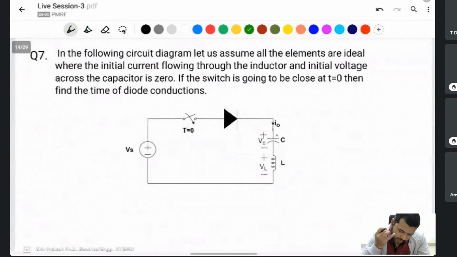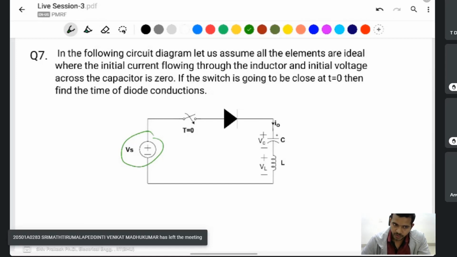I have another question in the following circuit diagram. Let us assume all the elements are ideal, where the initial current flowing through the inductor and the initial voltage across the capacitor are 0. Same thing, but a separate voltage source is applied. Then what will be the current and voltage waveform of the capacitor and inductor?